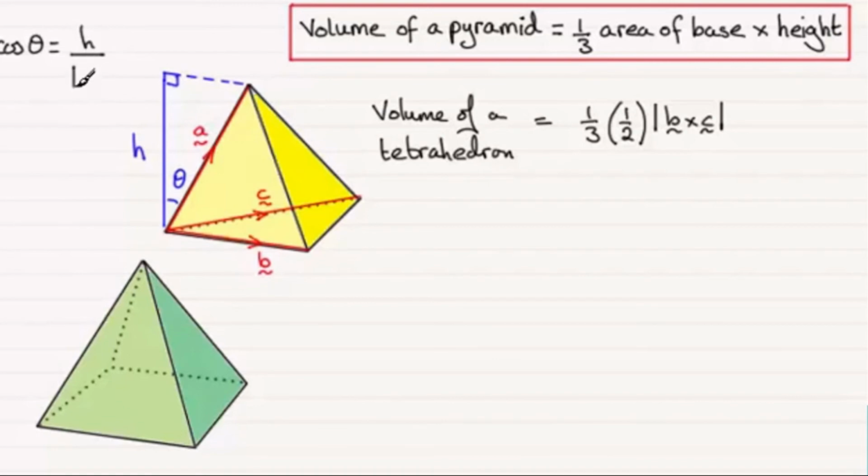Cos of theta is equal to h over magnitude of A. But if we cross multiply, we shall find that h equals the magnitude of A times cosine of theta. So we are going to substitute this for the height in the formula for the volume of the tetrahedron, which is modulus of A times cos of theta.